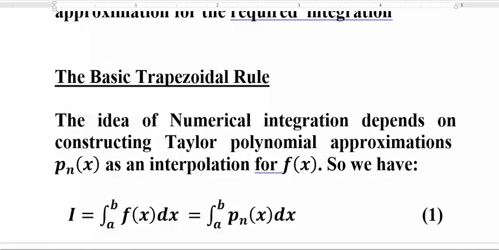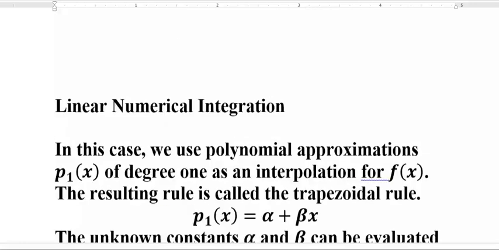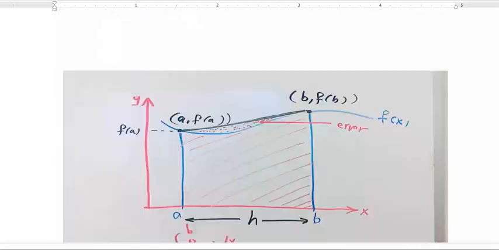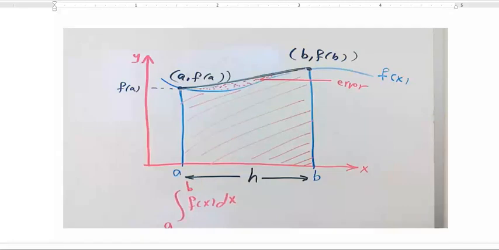Let's see the first item of our chapter, the basic trapezoidal rule. Trapezoidal means this shape. This shape is a trapezoid: two parallel lines, and the other two lines are not parallel.